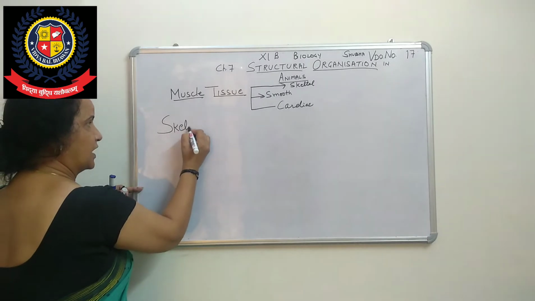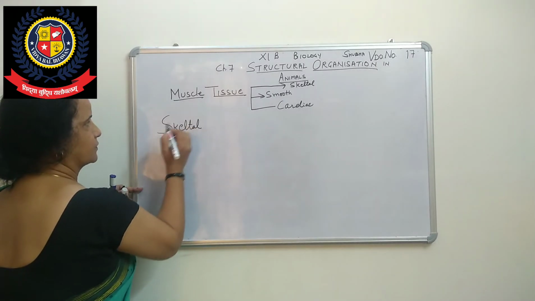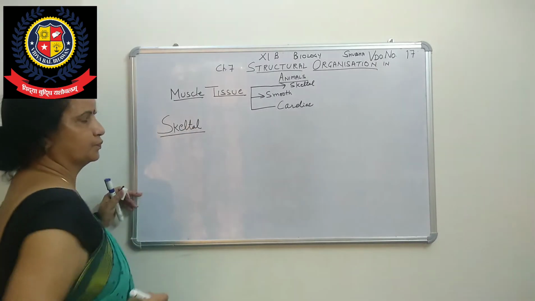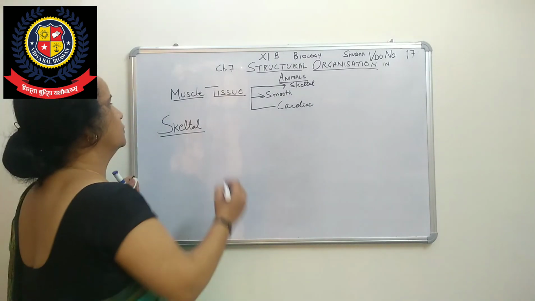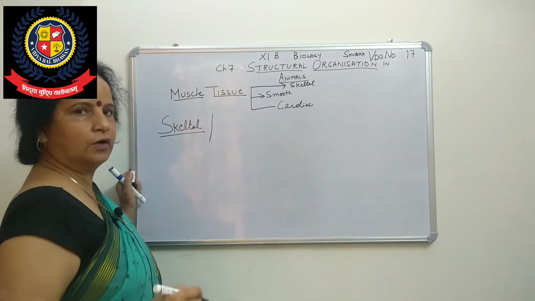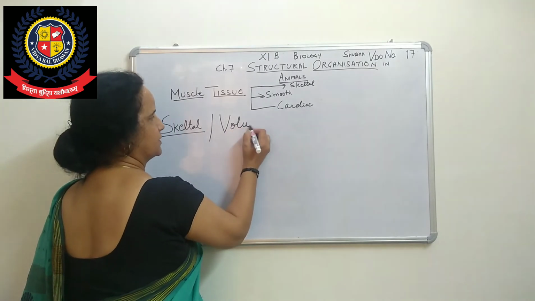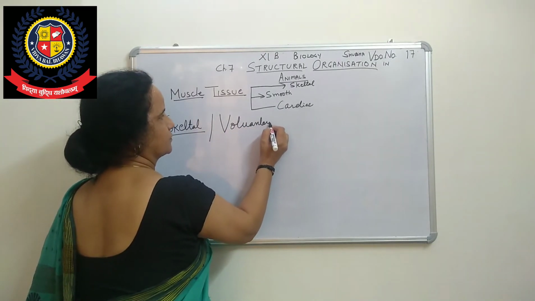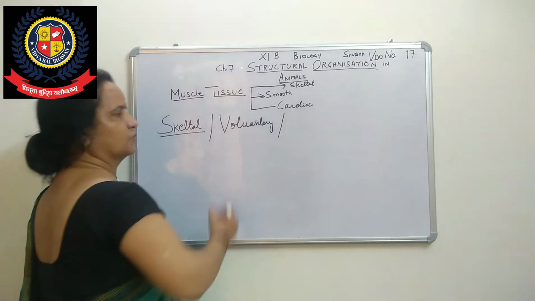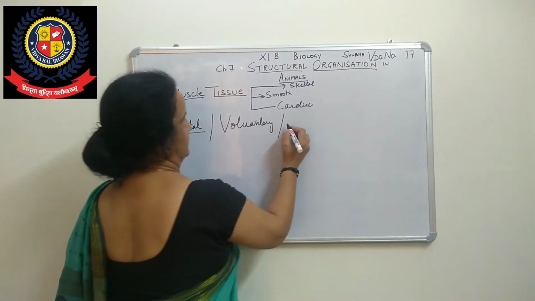I will tell you how many names are given for only one. Skeletal tissue is also called voluntary muscle, and it is also called striated muscle.